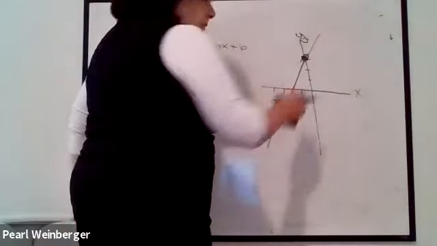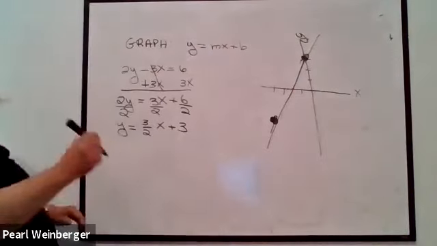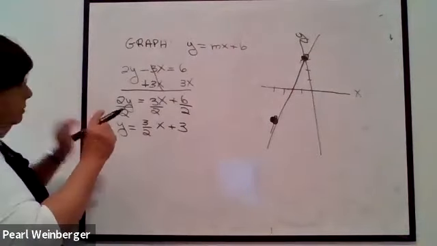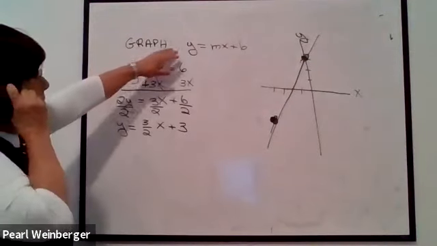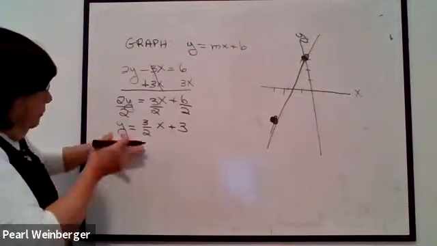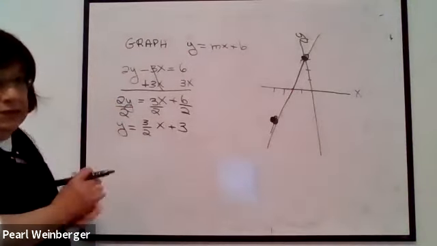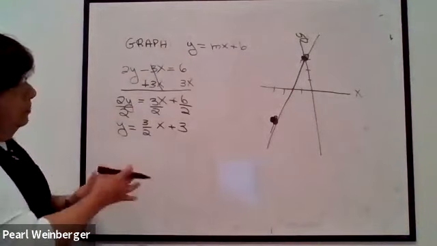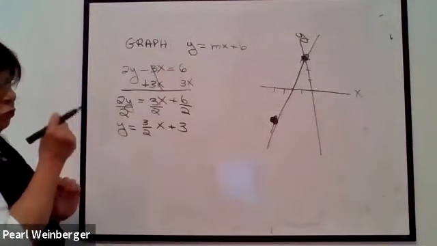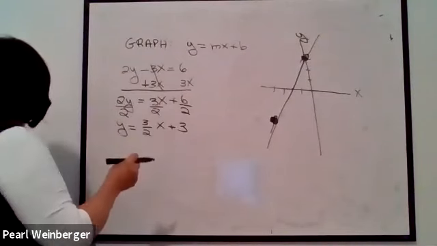And maybe I'm going to leave that on just to show you that we're going to actually get the same line. If I want to do what's called the y equals mx plus b method, again, the first thing would be to get the y alone. So this is the same step. But instead of making a chart of values, you write down 2 numbers.